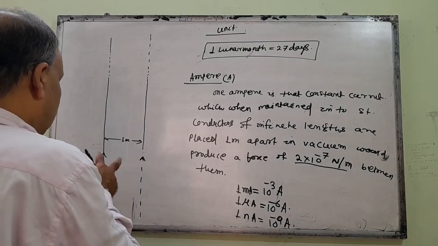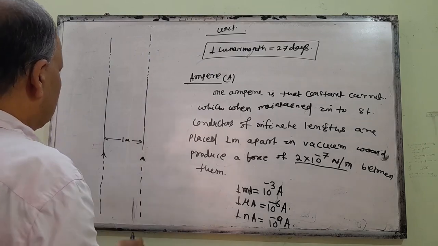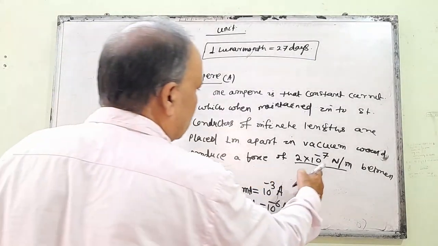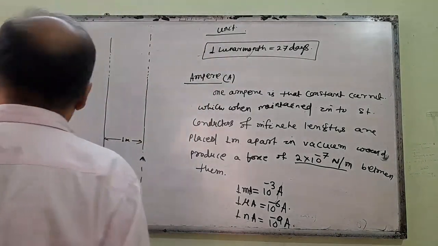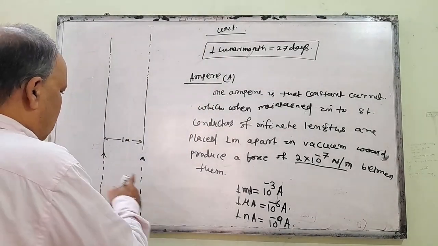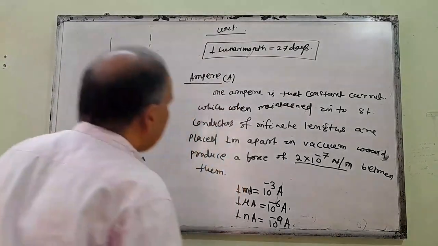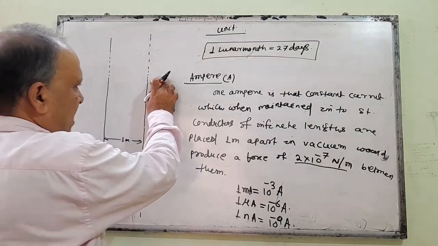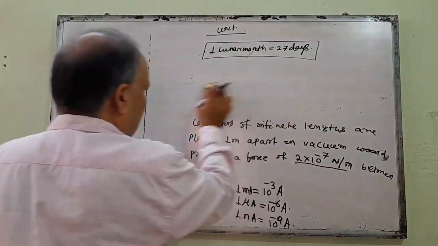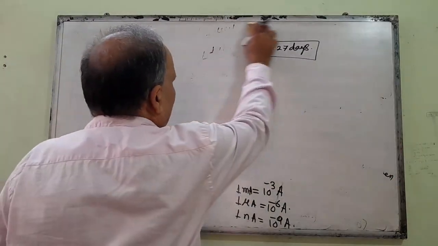You pass such an amount of current through them so that the force of attraction between them is equal to 2 into 10 to the power minus 7 Newton per meter, and that amount of current is what? 1 ampere. This is the definition of 1 ampere, and it is the SI unit of current, a fundamental physical quantity.